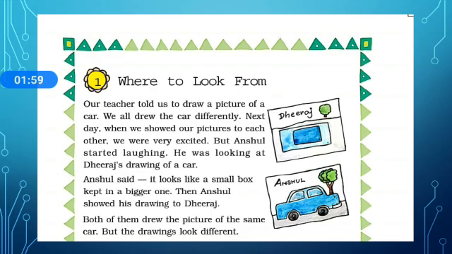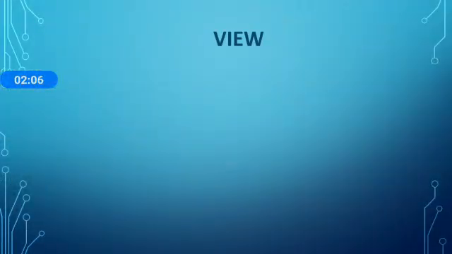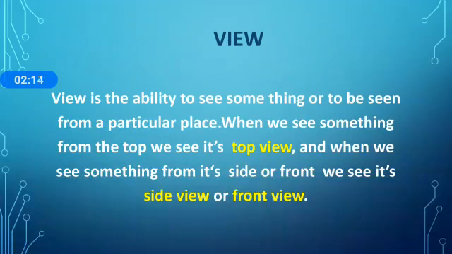Now let's come to our next topic, which is view. So children, do you know what a view is? If not, I will tell you. View is the ability to see something or to be seen from a particular place.